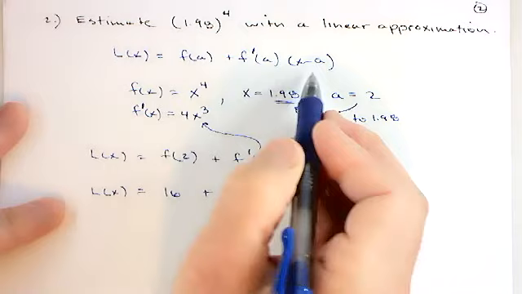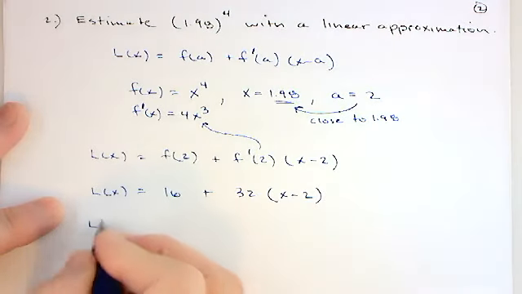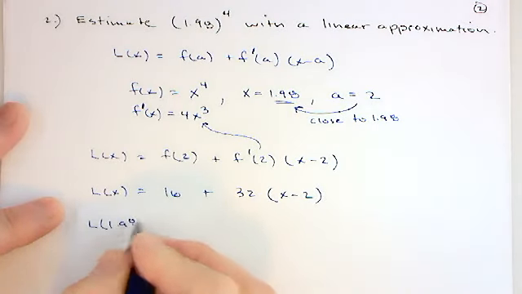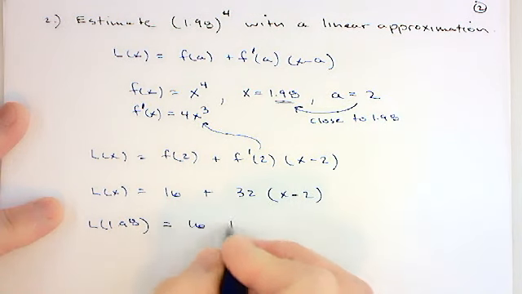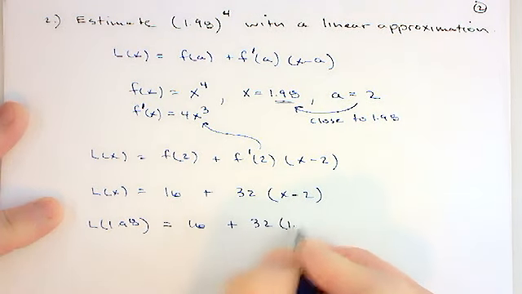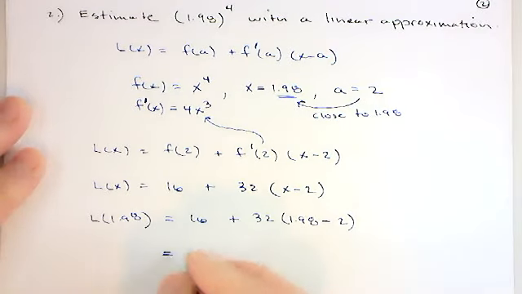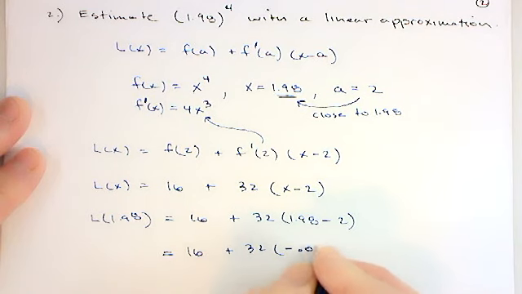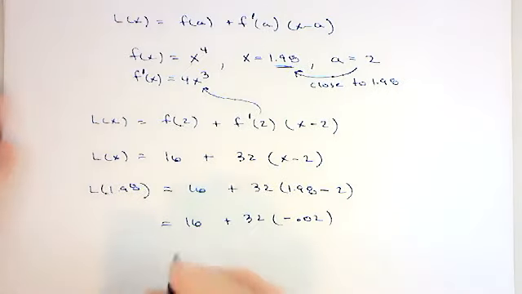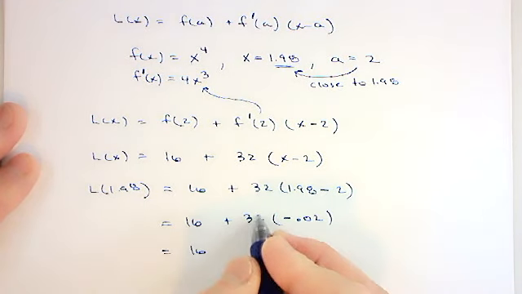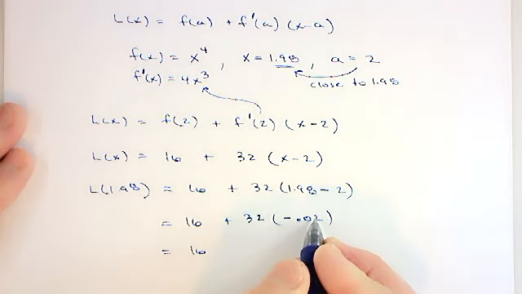And then if they give me a number, ultimately we want to know what L of 1.98 is. And that's going to be 16 plus 32 times negative 0.02. The way I do my math in my head, 32 times 2 is 64.